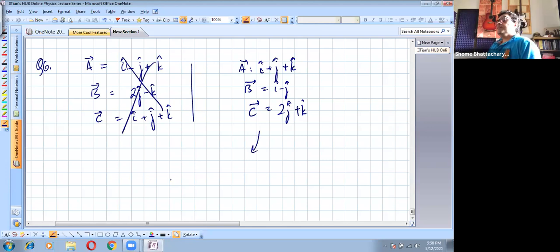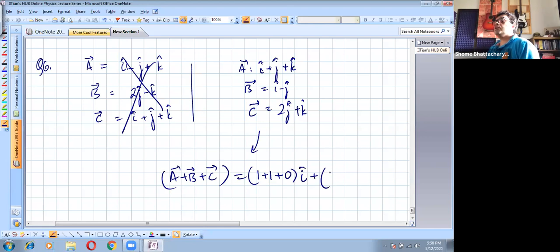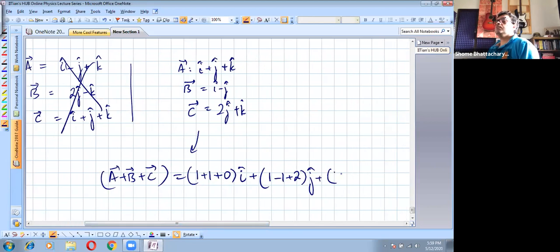So A plus B plus C as a vector, you have to just sum up their x components, y components, and z components. So the sum of the x components you can see is 1 plus 1 plus 0. The sum of the y components is 1 minus 1 plus 2. And the sum of the z components is 1 plus 0. Something is wrong.